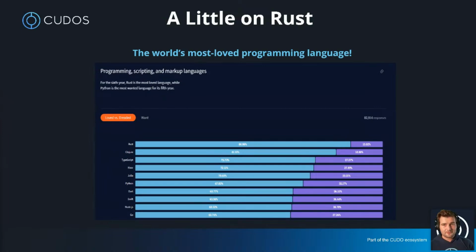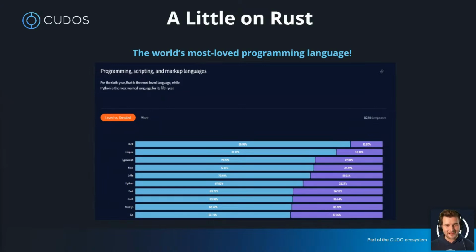Yeah, so a little on Rust. So Rust is the world's most loved programming language, and it actually has been for 6 years in a row. So you can actually see the data here. For the 6th year, Rust is the most loved language. And so you can see around 87% of people absolutely love Rust.